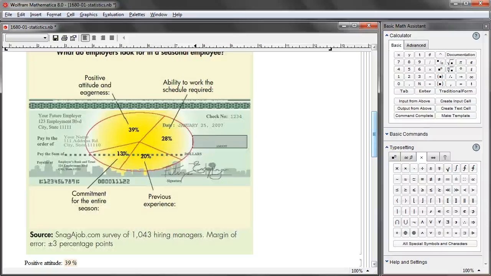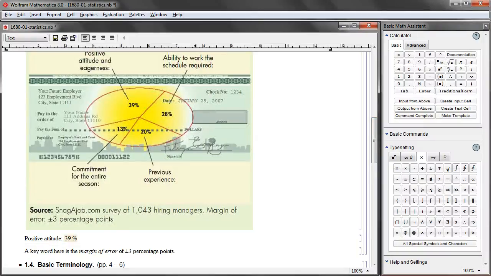Well, probably not, because according to the survey of 1,043 hiring managers, we got 39% yes, but there are many more than 1,043 hiring managers out there. So this is actually coming from a sample study, just a sample of 1,043 hiring managers out of, well, many more, maybe millions.